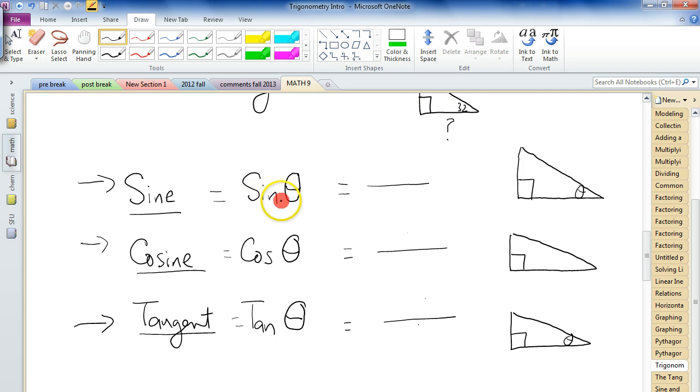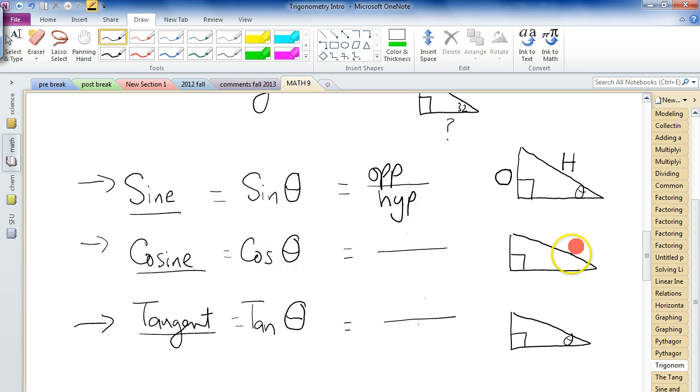For sine, the way you get the angle using sine is you take the opposite side, which would be here, O for opposite, and the hypotenuse. So once you know the opposite length and the hypotenuse length, you can figure out the missing angle using this translator called sine. You take the opposite divided by the hypotenuse.